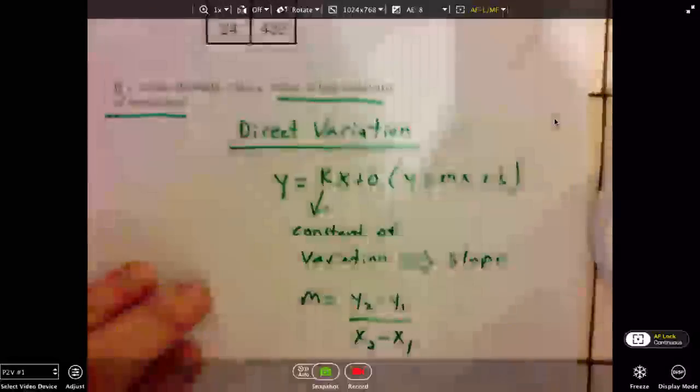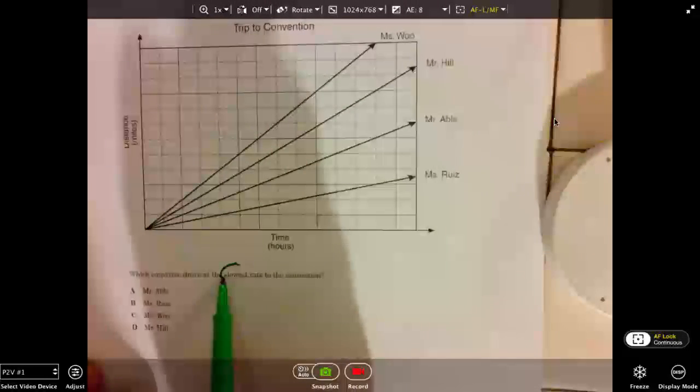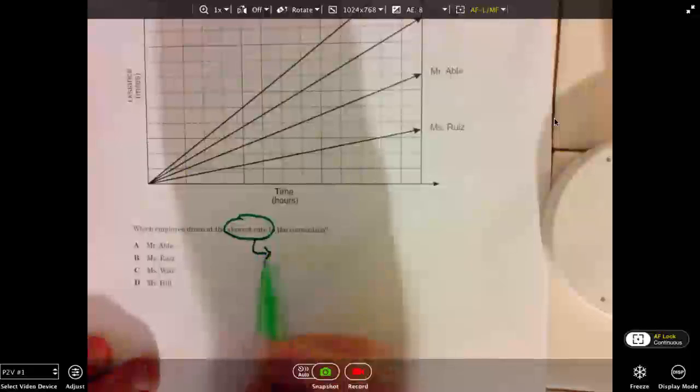All right. Problem number 9. Again, first I get to the question sentence. Which employee drove at the slowest rate to the convention? Once more, rate is a reference to slope.